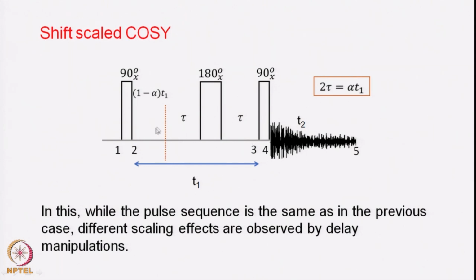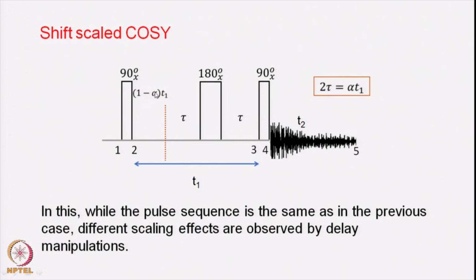Okay. So, now what we are doing is keeping this whole period from here to here as T1, and in between we introduce this. So, for tau 180 tau this remains the same, and 2 tau is equal to alpha T1 here, just a small change in the representation. So, this whole period is called alpha T1.